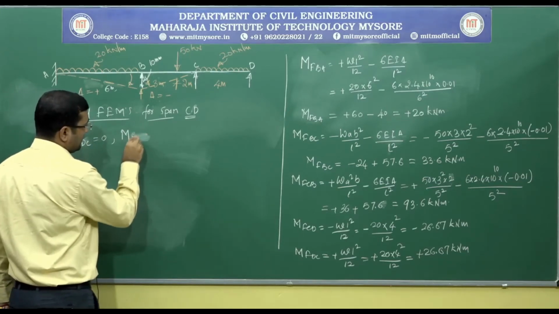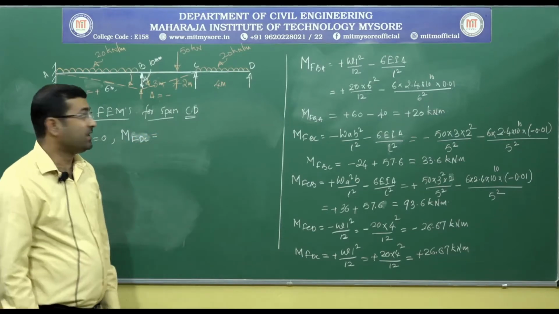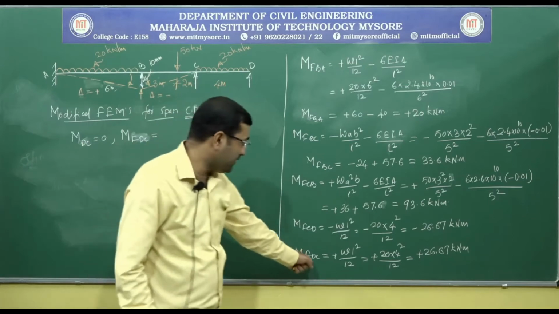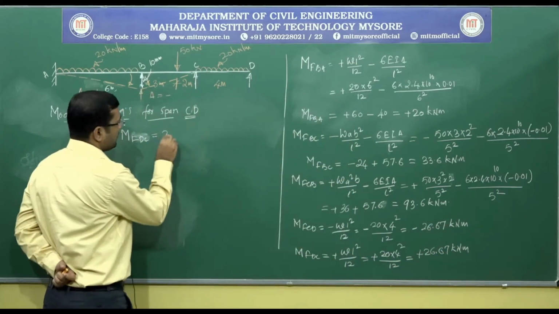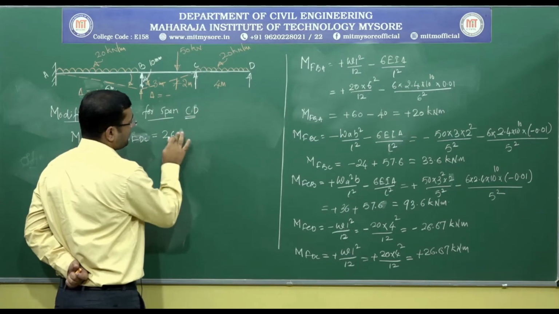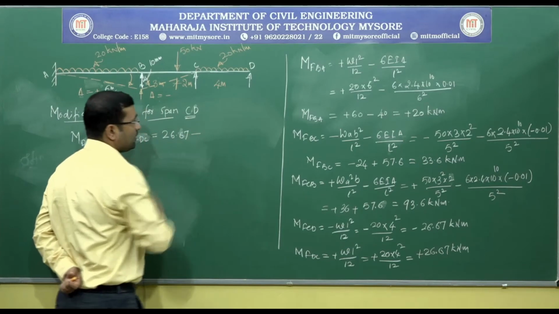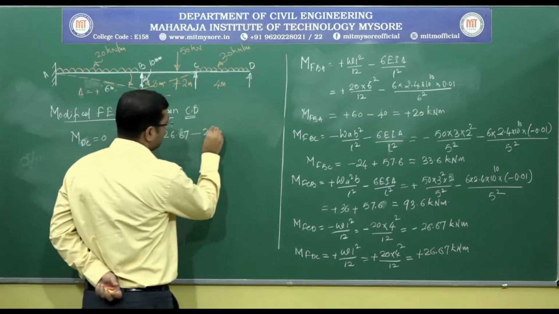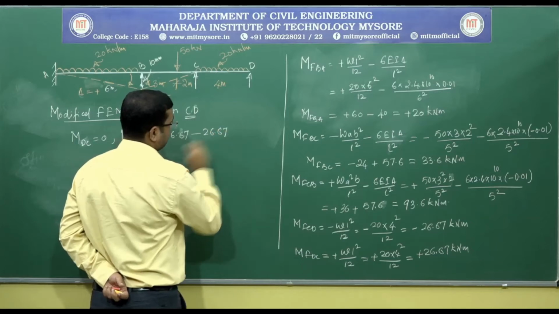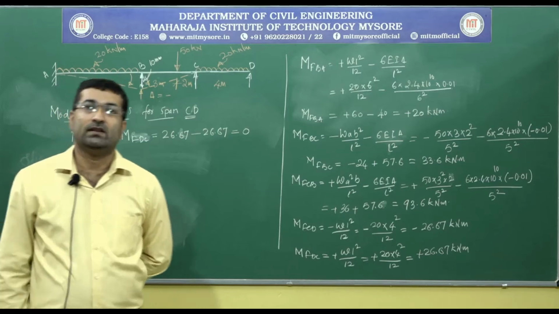To make MDC 0, MFDC has to be 0. But as per our calculation, MFDC is plus 26.67. To make this 0, what I need to do? I need to apply an equal and opposite moment, that is minus 26.67. Then it will become 0, right.